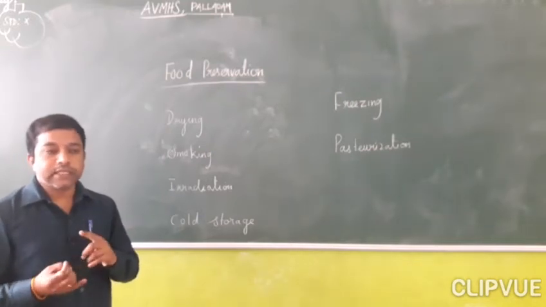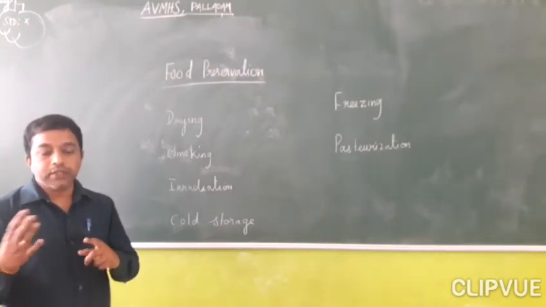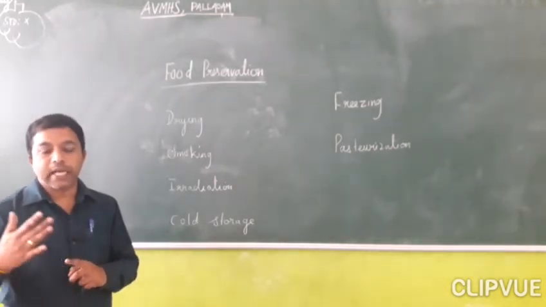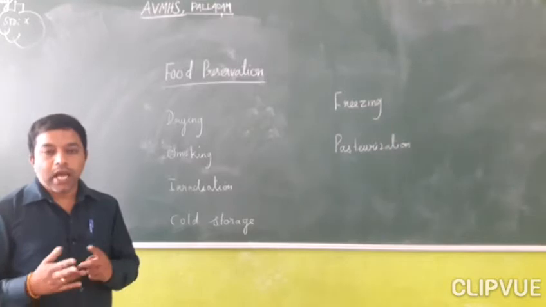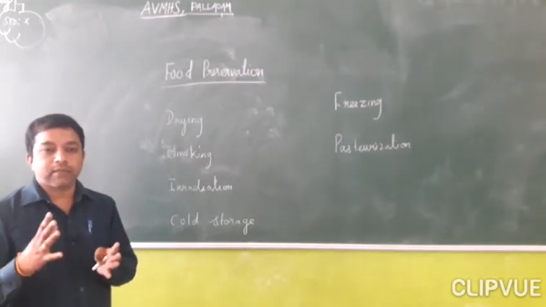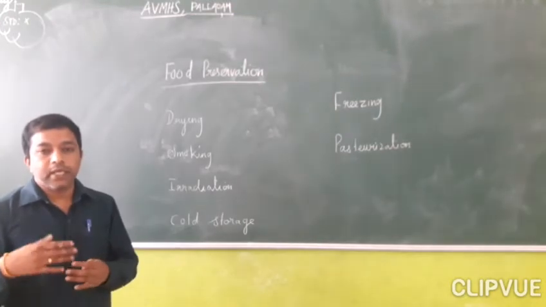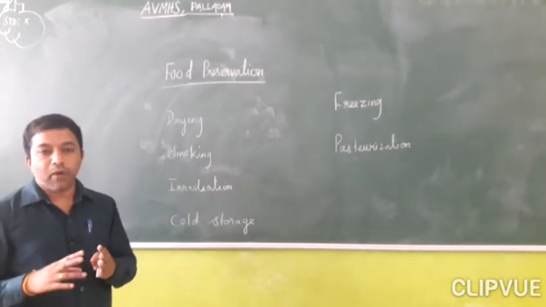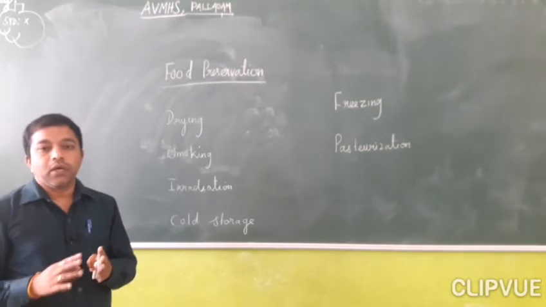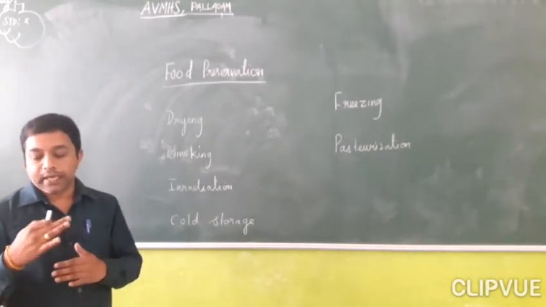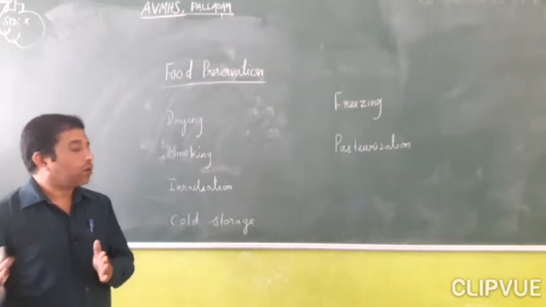If you take certain cereals, the seeds are dried for a long time and preserved, and they can be used for many years. Sometimes they may be used as powders. Clear? Milk powder, cheese powder: the milk, which is in liquid form, is converted into solid by drying methods.